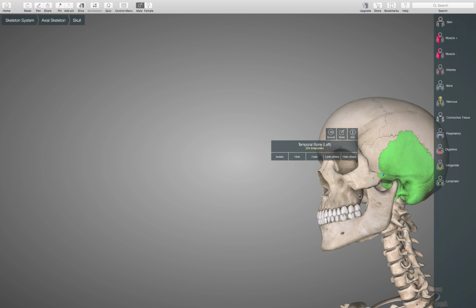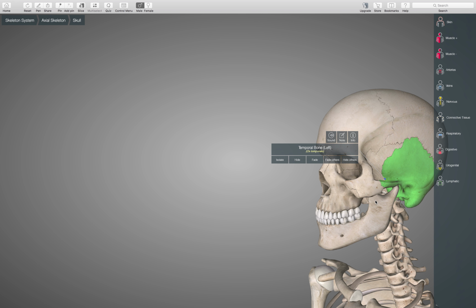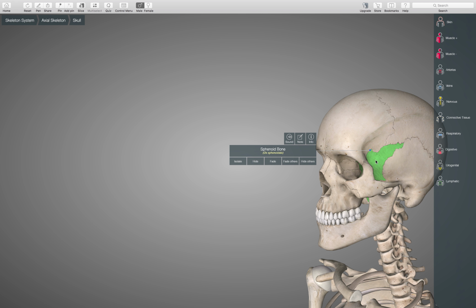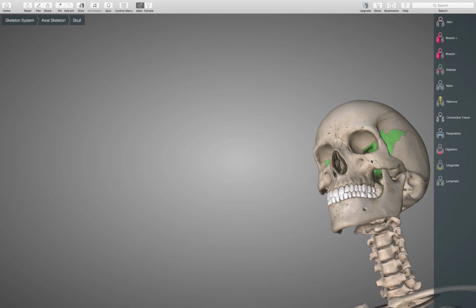Some bones are on the inner side. We should remove the bones on the surface so we are able to see them. Like these bones in the middle, there is a bone that goes through the whole skull.